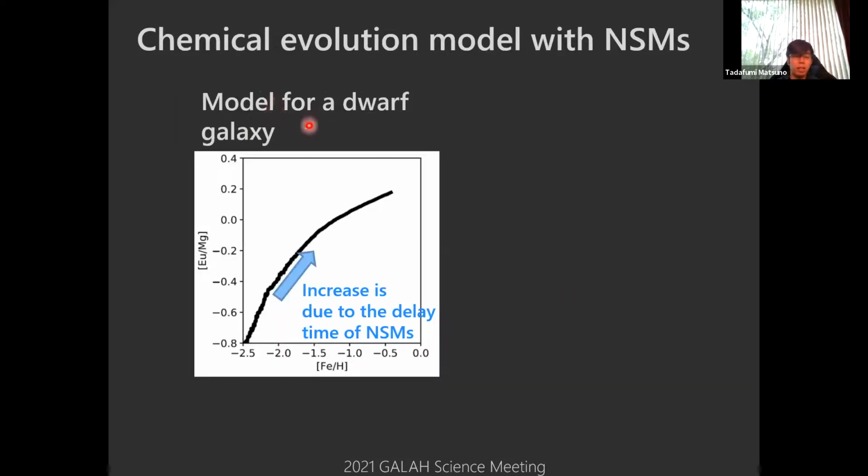Here is a chemical evolution model for a dwarf galaxy, showing the europium over magnesium abundance ratio as a function of metallicity. Since we assume that all the europium comes from neutron star mergers, there is no source of europium in the early universe. But as time passes, neutron star mergers start to occur, so that's why this ratio keeps increasing.